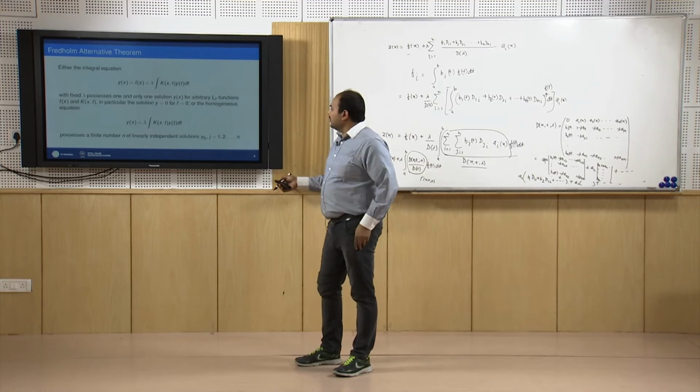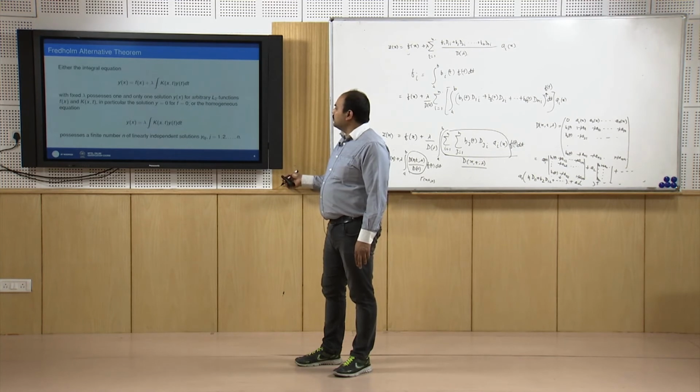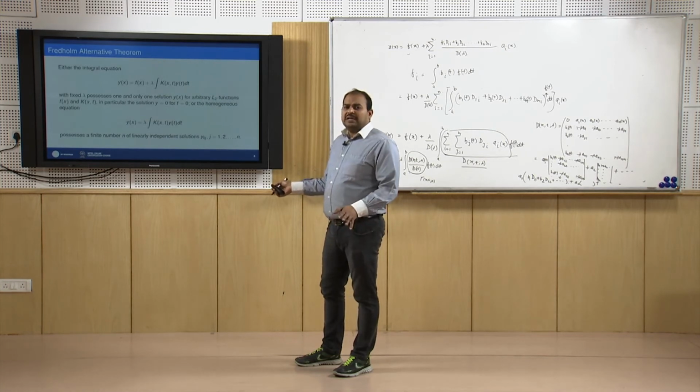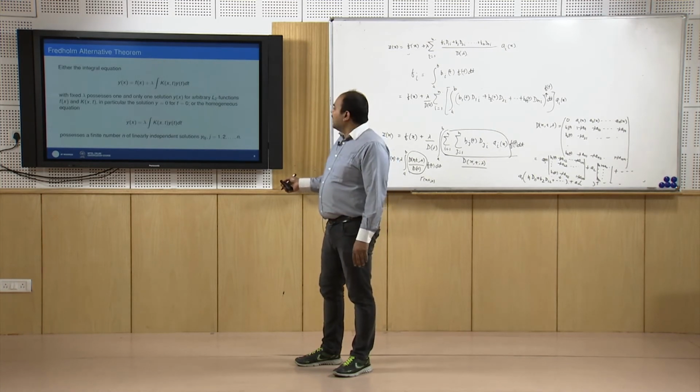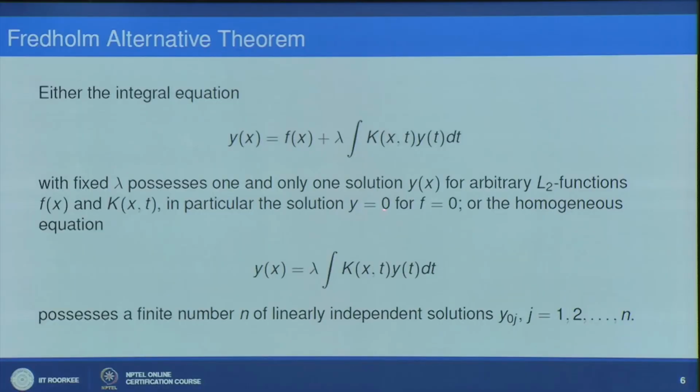So this we can write it here like this. Either this integral equation y(x) = f(x) + λ ∫ from a to b of K(x,t) y(t) dt with fixed λ possesses one and only one solution, that is corresponding to D(λ) not equal to 0, and that is similar to saying that when f is 0 then y is 0.